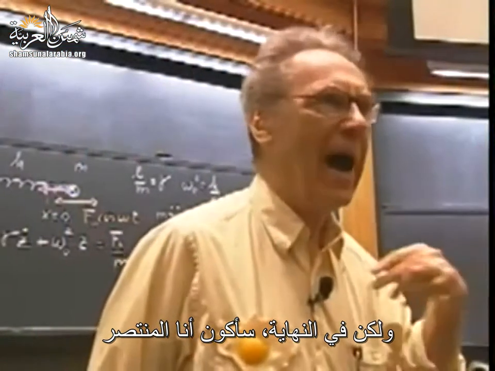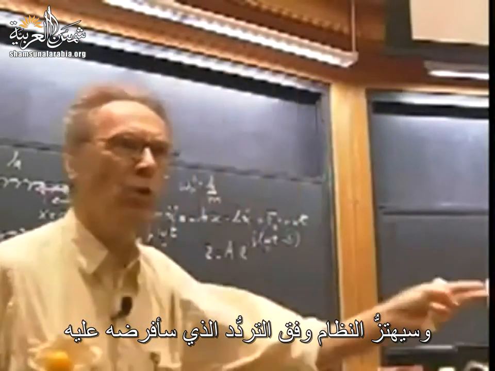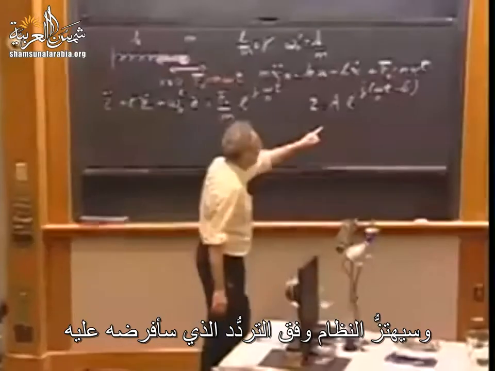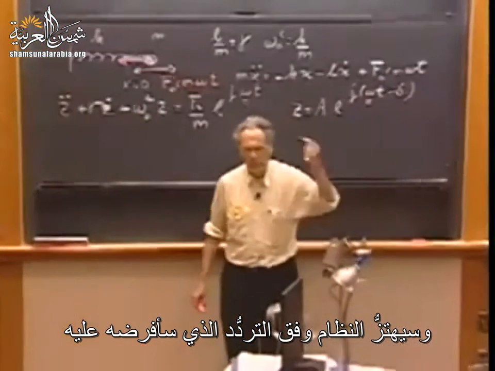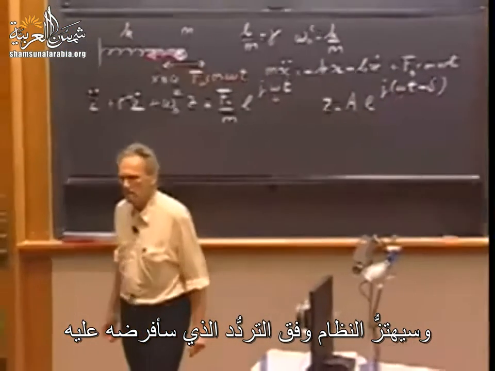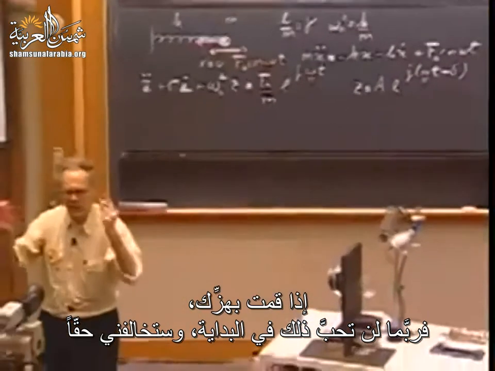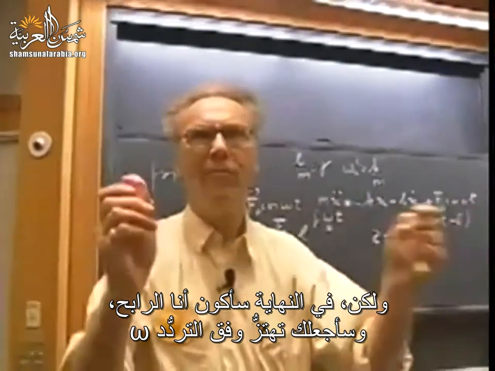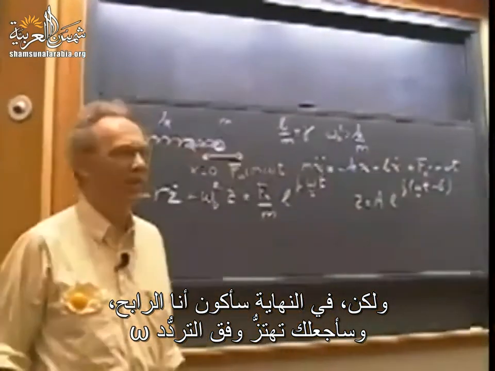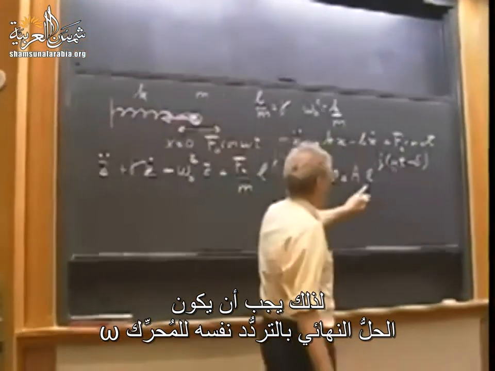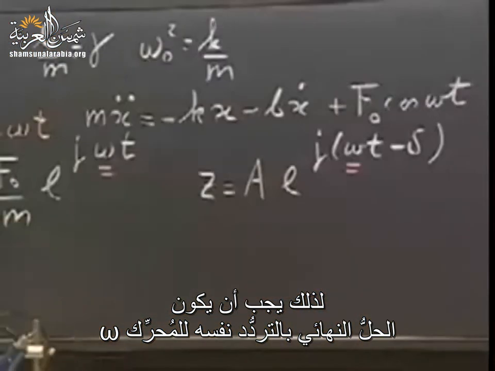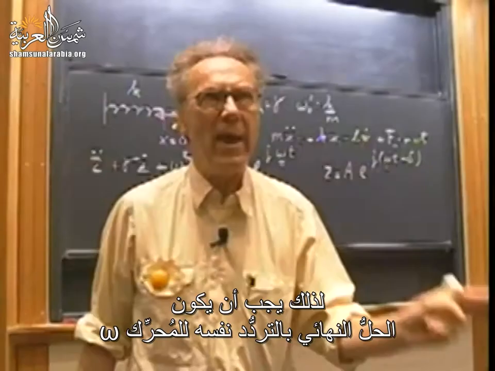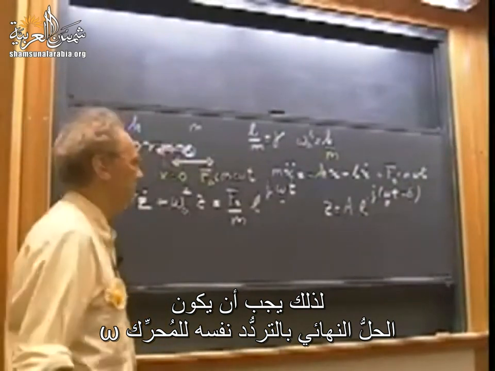But ultimately, I will come out to be the winner, and ultimately that system is bound to start oscillating with the frequency that I impose on it. If I start shaking you, in the beginning you may not like that and you may oppose it, but ultimately I will be the winner and I'll make you shake with that frequency omega. So clearly, the ultimate solution must have the same omega as the driver.